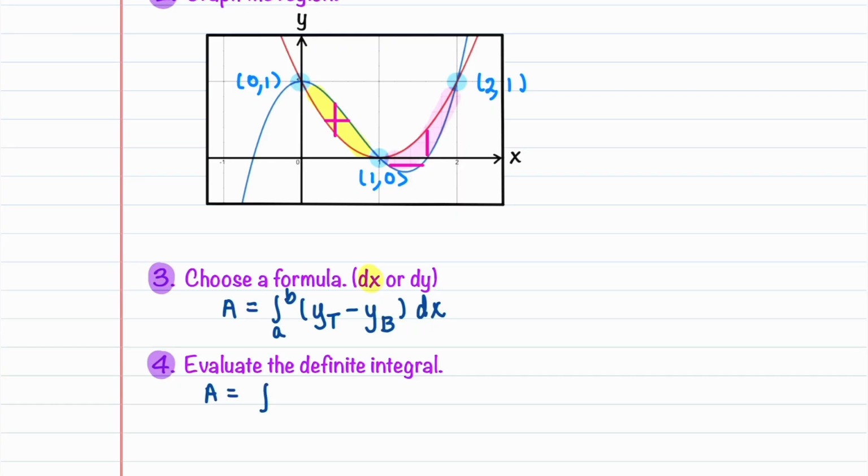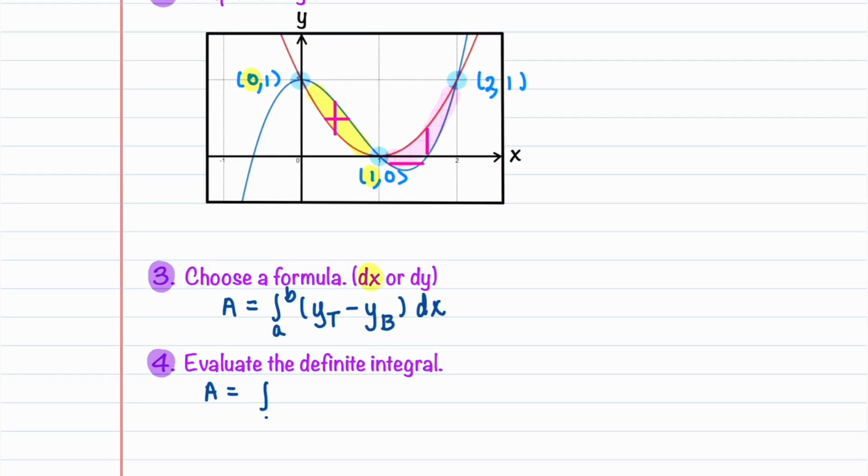Our yellow region is going to be the integral from 0 to 1. The curve on the top is the cubic, and that is x cubed minus 2x squared plus 1. And then we're going to subtract off our quadratic, which is x squared minus 2x plus 1 dx, plus our second integral, which is going to go from 1 to 2.